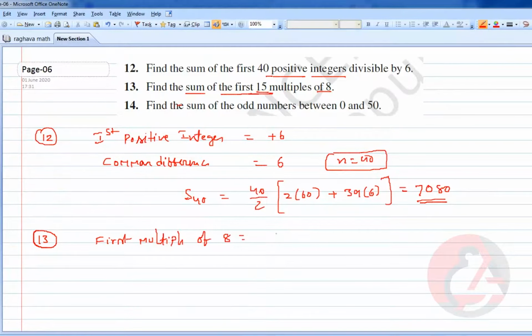First multiple of 8 is how much? 8, sir. Common difference? 8. N value is 15. So S15 is equal to 15 by 2 into 2 into 8 plus 14 into 8, because n minus 1 is 14. Common difference is also 8. Find out this one.